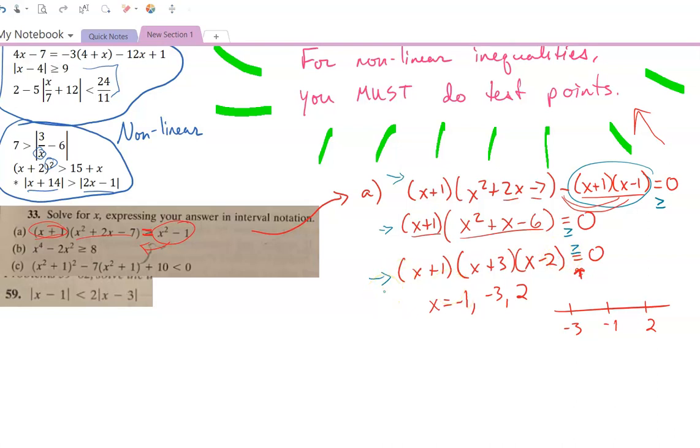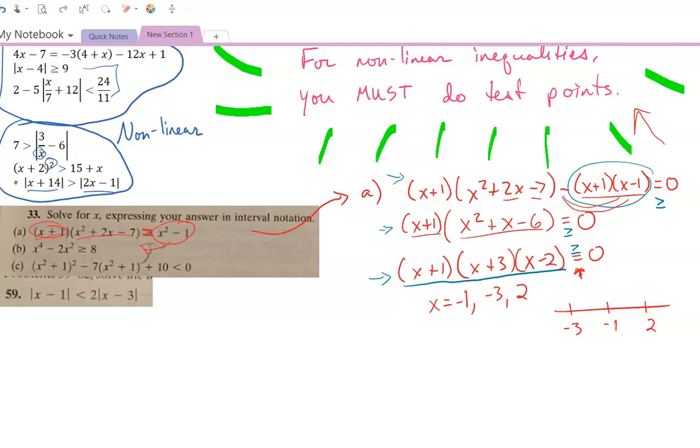And then when I plug numbers in to do test points to see if they are part of our solution, I'm going to plug into this statement right here, okay? If you're unsure, plug it into the original statement to see if it's true or not, but I'm going to go ahead and use this one, okay?